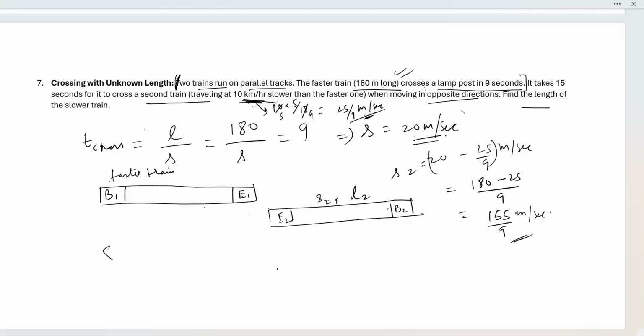So the relative speed of the faster train with respect to the slower train is the addition of the speeds, which is 20 plus 155 by 9 meter per second. And the time to cross is 15 seconds.